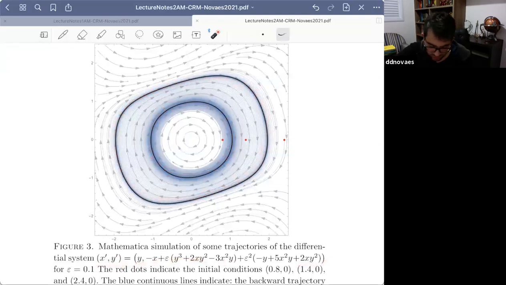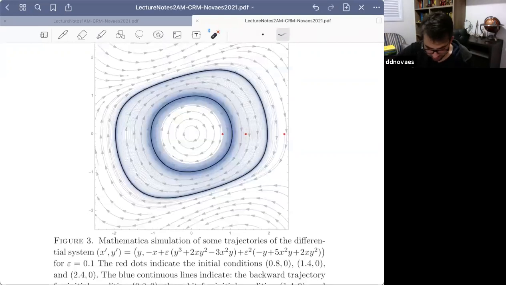Okay, so I have simulated some backward trajectories and forward trajectories of 3 initial conditions in order to see these accumulating regions here. For this simulation, I'm assuming that epsilon is equal to 0.1.